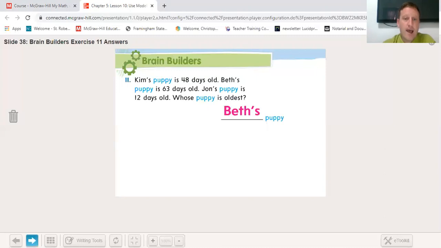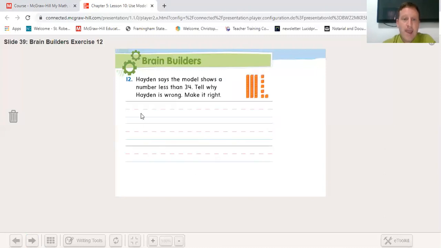And we also have our brain builder. So let me give you a little help. But again, I will not tell you the answer. I want you to think by yourselves. Number 12 says, Hayden says the model, this one here, shows a number less than 34.